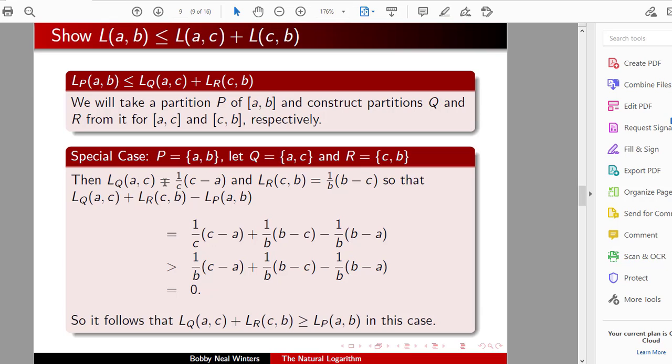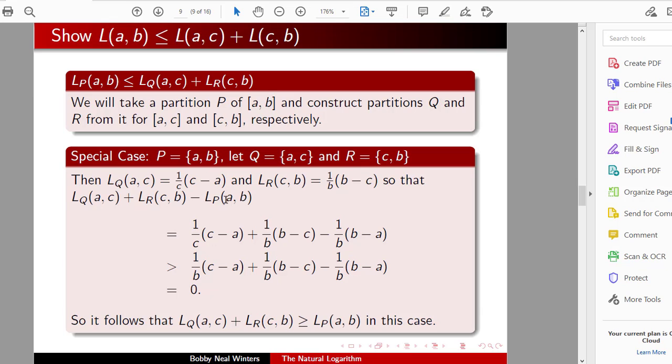Then we can calculate LQ as being equal to 1 over C times C minus A. We can calculate LR to be 1 over B times B minus C, so that LQ of AC plus LR of CB minus LP of AB. And what am I doing here? I'm saying I want to show that my sum is bigger than my single one.